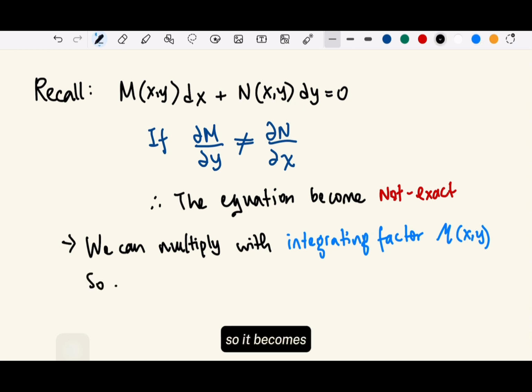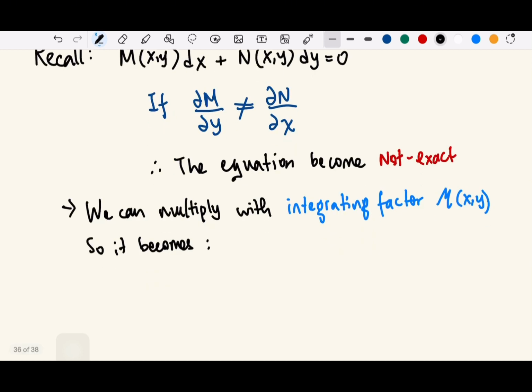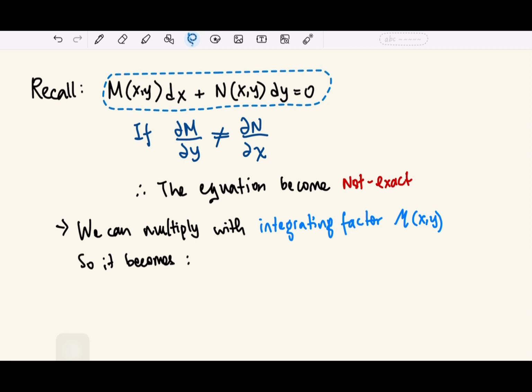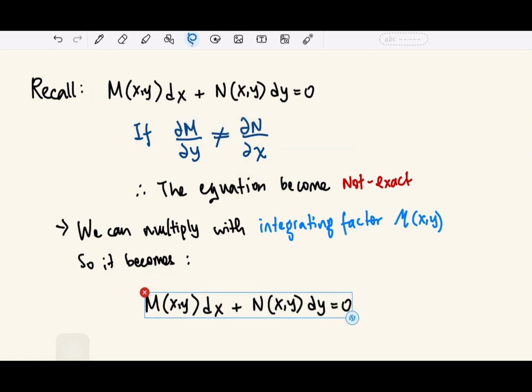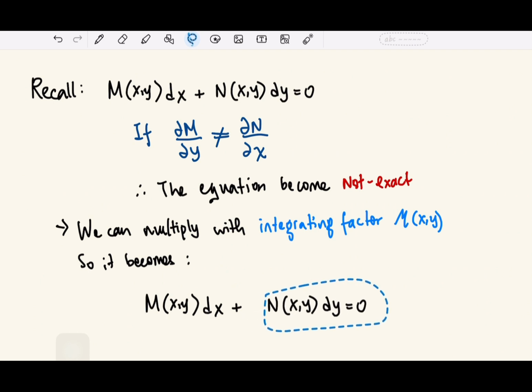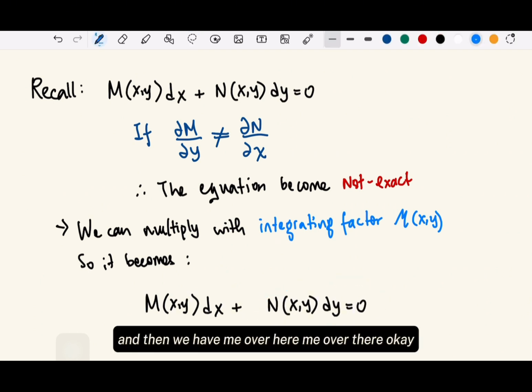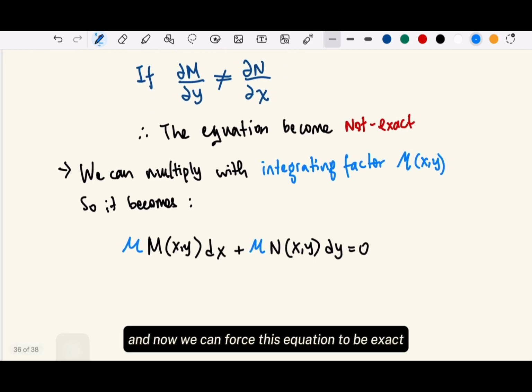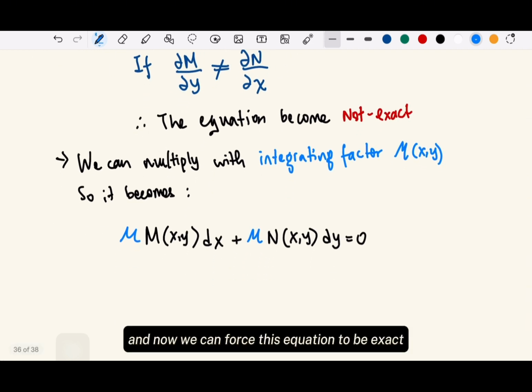So it becomes, let me just copy this. Copy and then make this a little bit. And then we have mu over here, mu over there. And now we can force this equation to be exact.